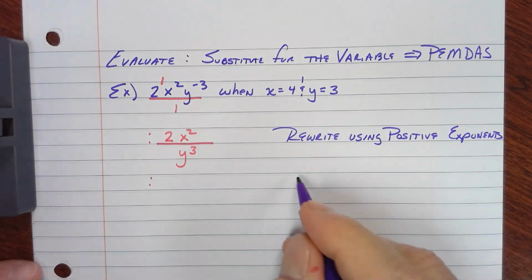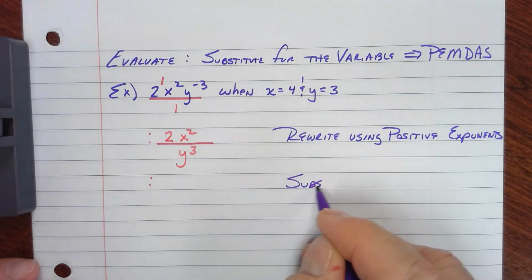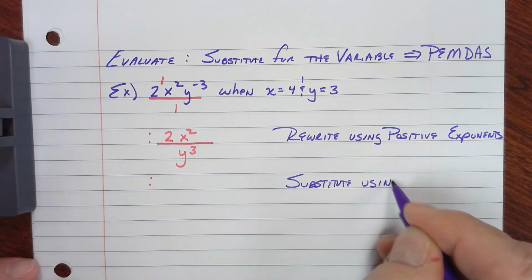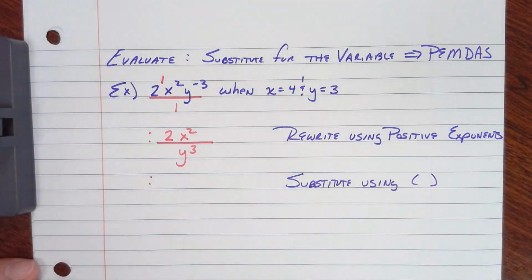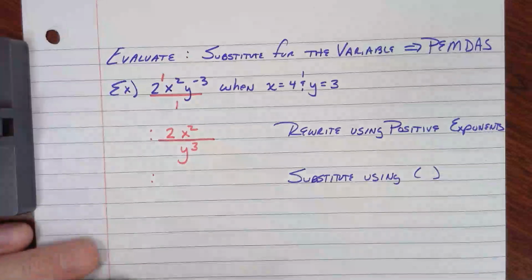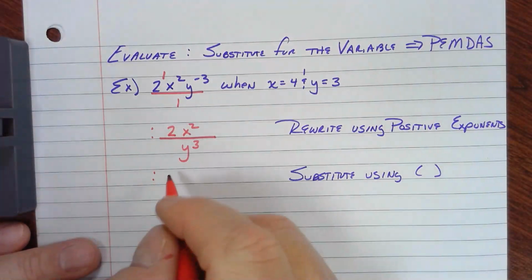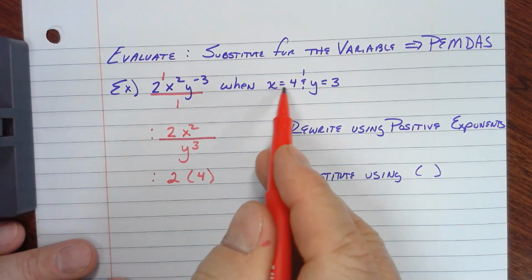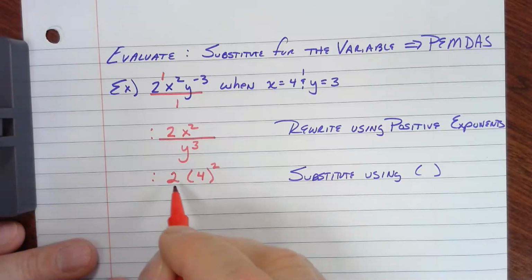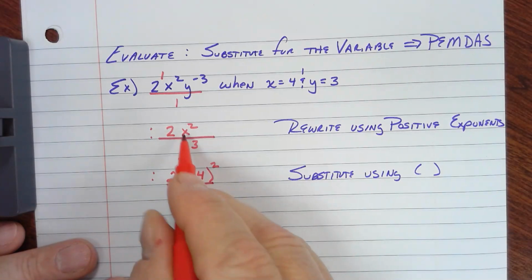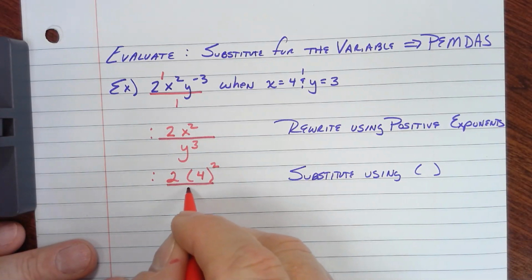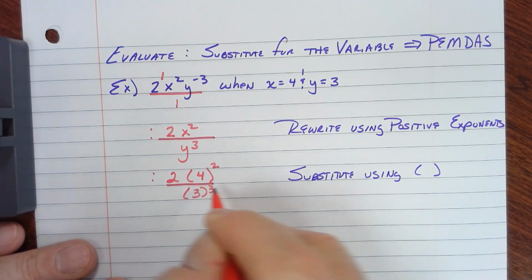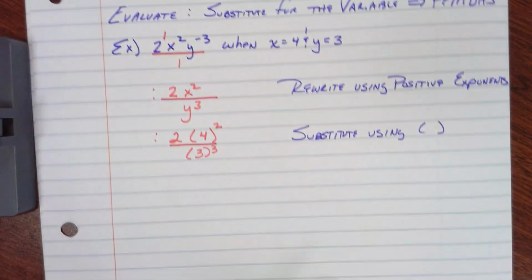The next thing I'm going to do is substitute using parentheses. The x is equal to 4, so I substitute a number for a letter. I always use parentheses. Substituting 3 for y, I use parentheses there.